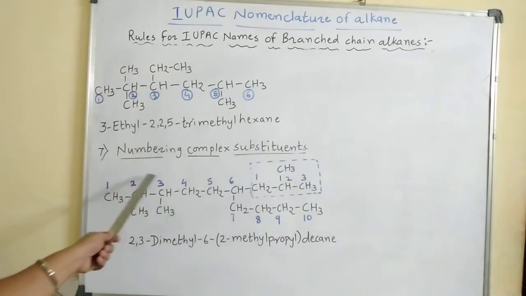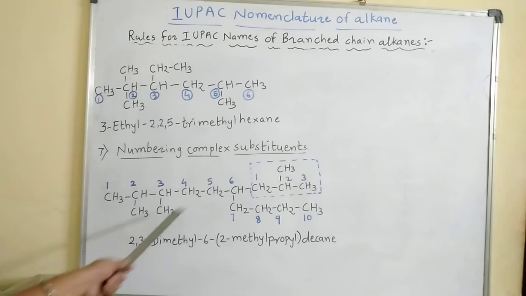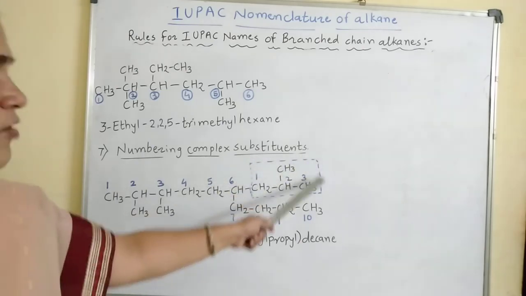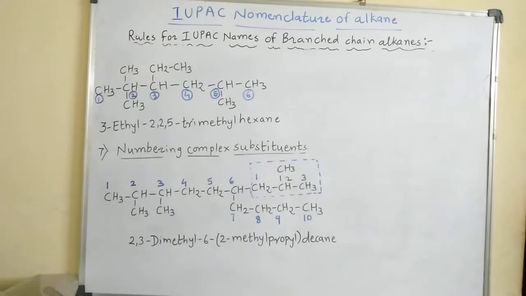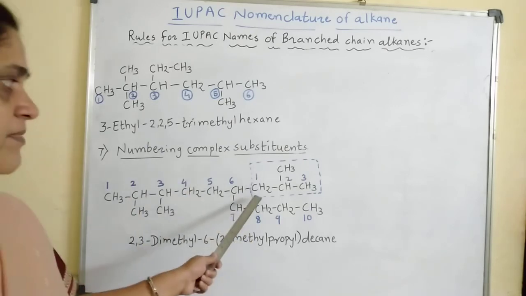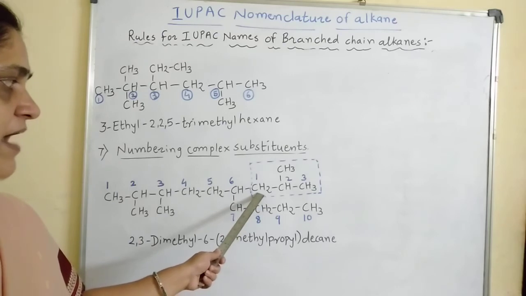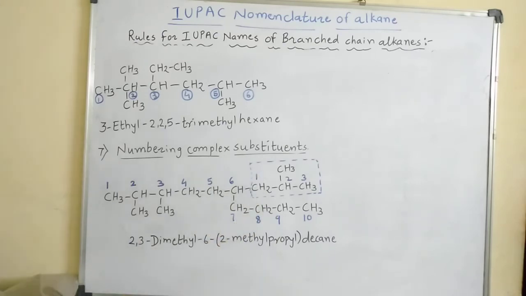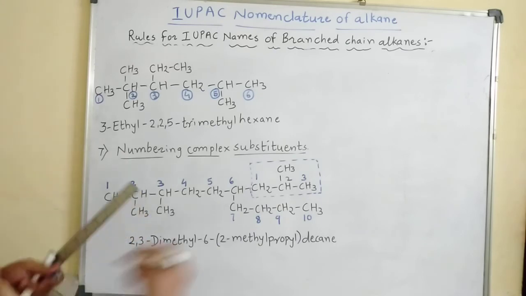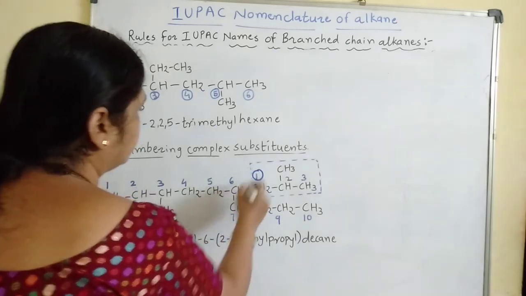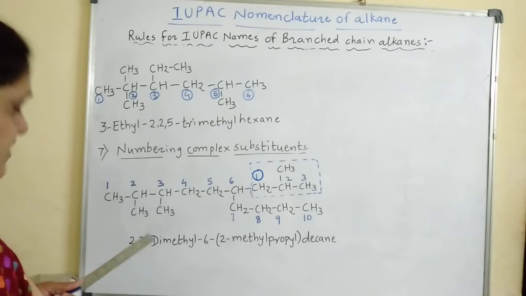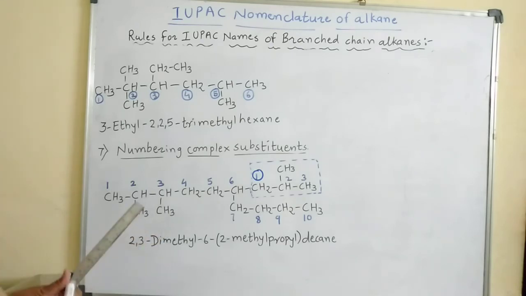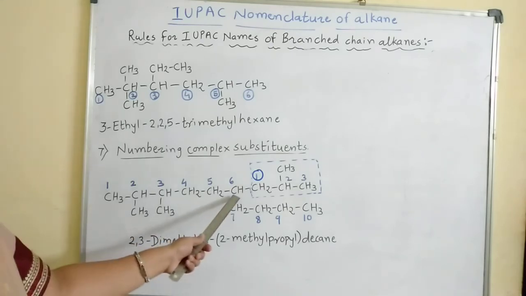Here carbon number 2 and 3 is carrying methyl group, while carbon number 6 is carrying this complex substituent. Right? Now the name of the complex substituent we can write by numbering the carbon atoms of the substituent group, assigning the carbon attached to the parent hydrocarbon as carbon number 1. So here you will find that this is carbon number 1 of the substituent, which is attached to the parent hydrocarbon chain.